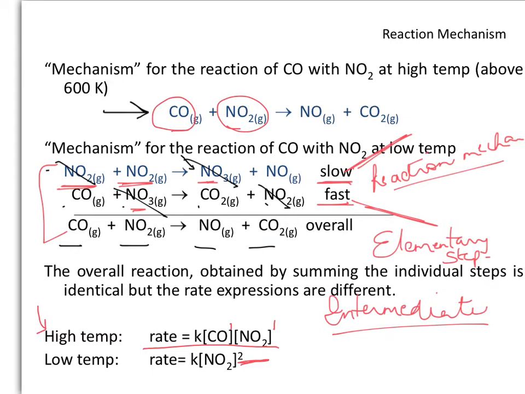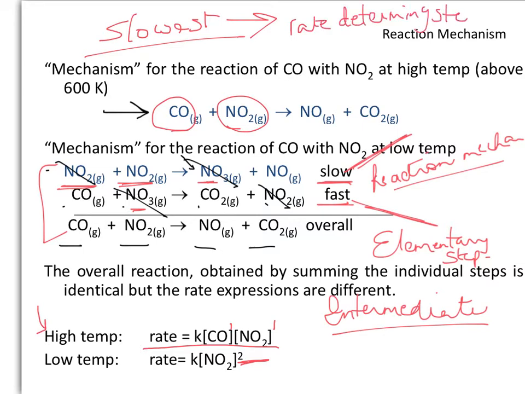The most important thing to realize here is that when you look at the various different elementary steps that combine together to give you the mechanism, one of the steps is going to be the slowest step. And that slowest step is what is called the rate determining step, sometimes also referred to as RDS, rate determining step.